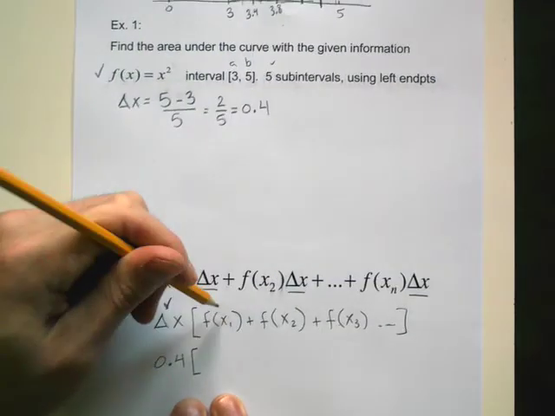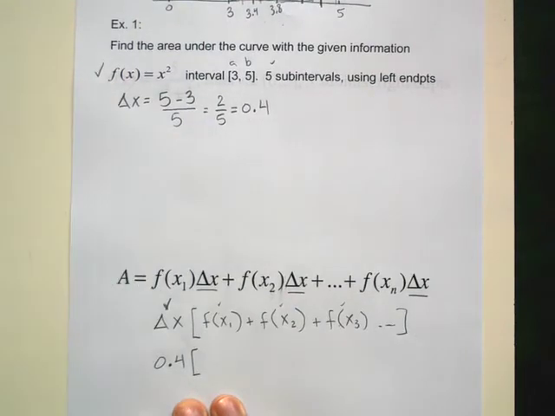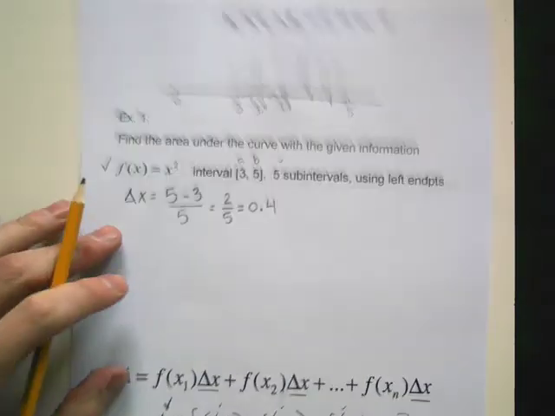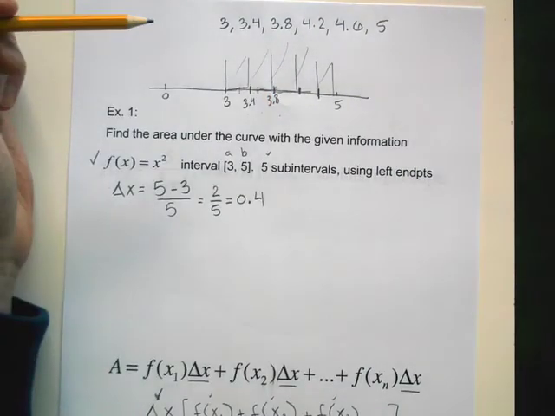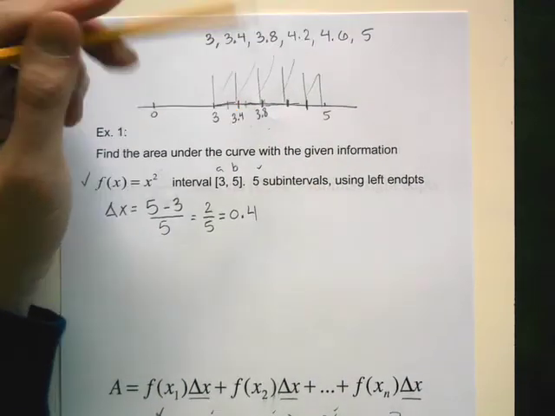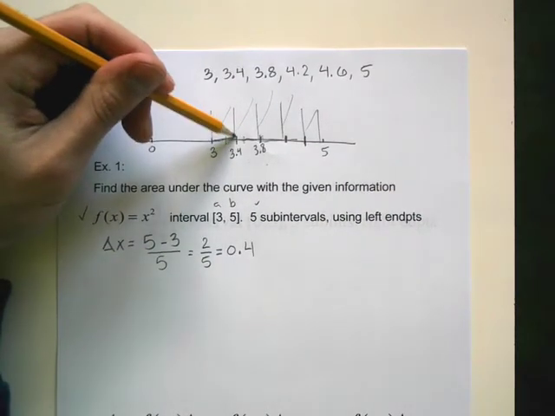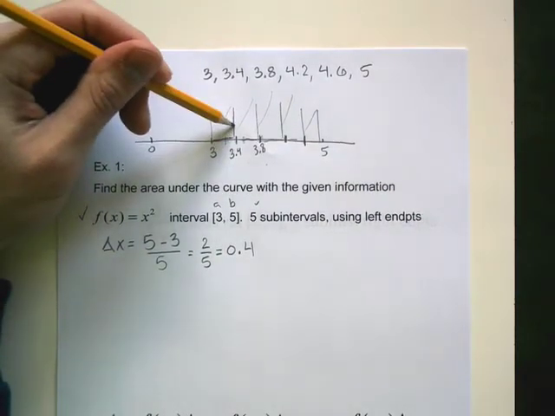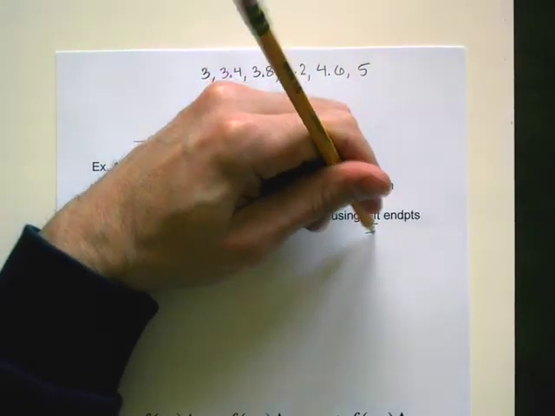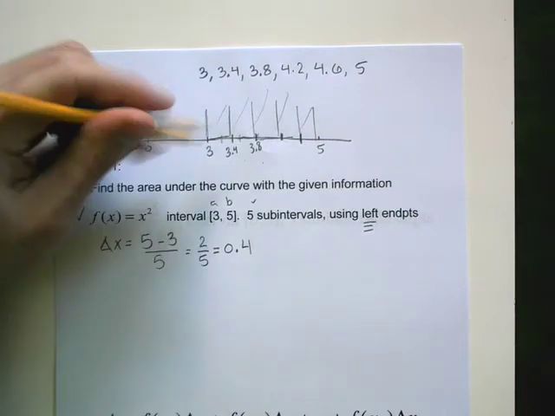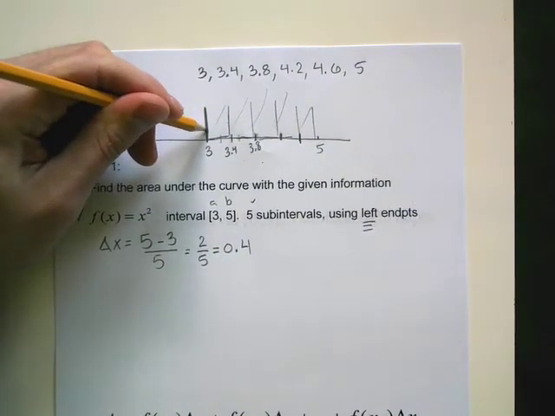Now what I need to do is find the height of each of those rectangles. In order to do that, we need to know, are we using left endpoints or right endpoints? We're using left endpoints. So on this first rectangle, I'm not going to be using 3.4. I'm actually going to be using 3 because it is a left endpoint, meaning on that first rectangle, I need to use the left edge of it.